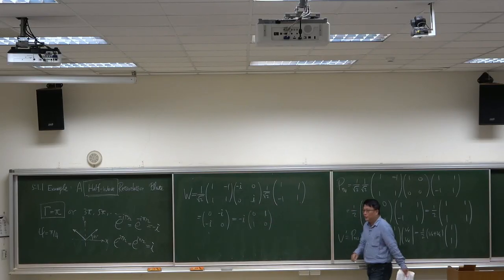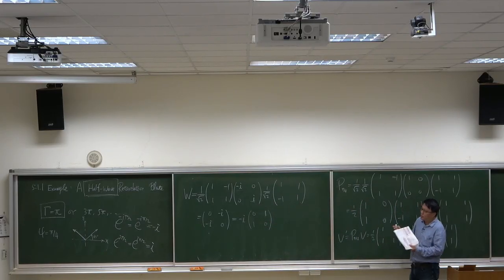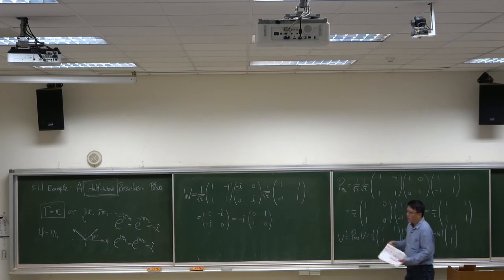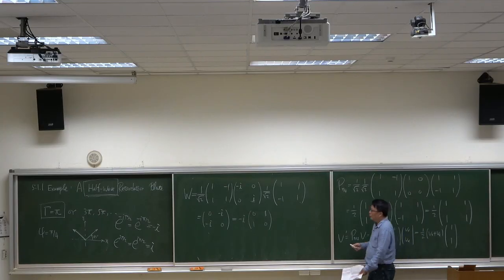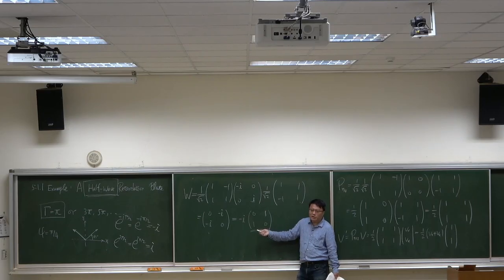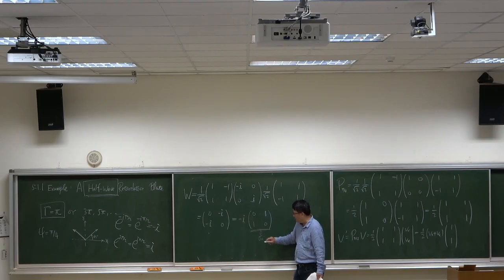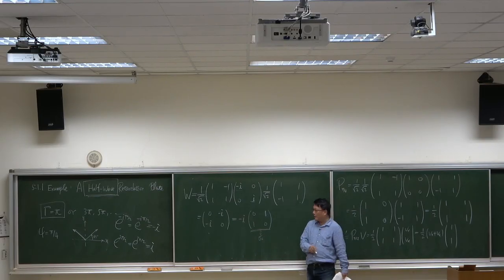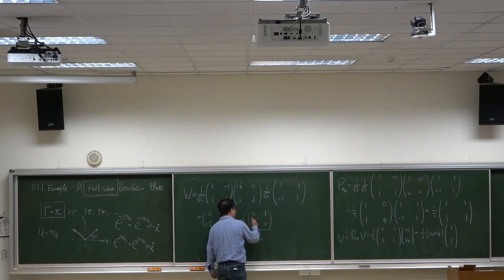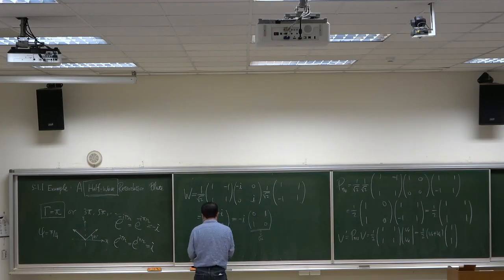If you know something about electron spin in quantum mechanics, then you may know this matrix is the Pauli matrix sigma x. And this matrix has the effect of exchanging the x and y components of the vector.